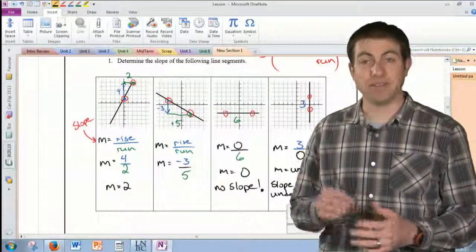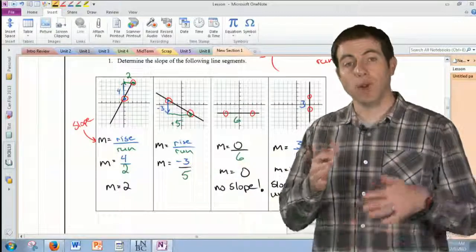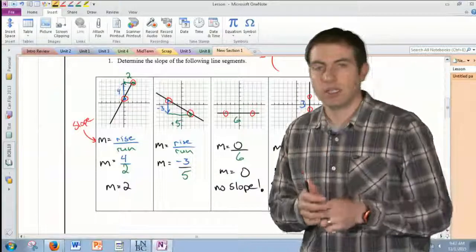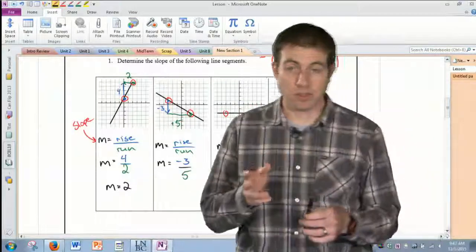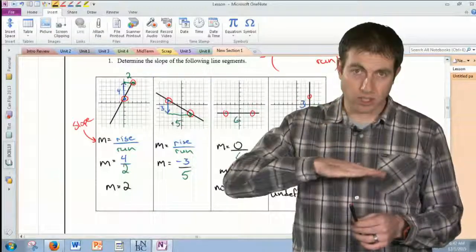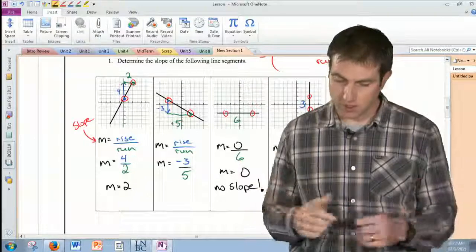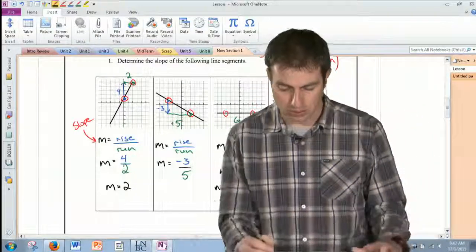So that is kind of the 4 scenarios you're going to run into. If you always go from left to right, you can have a positive slope, you can have a negative slope, you can have a horizontal line with 0 slope, or you can have a vertical line with an undefined slope. That's it. Those are the only 4 scenarios you're going to run into.